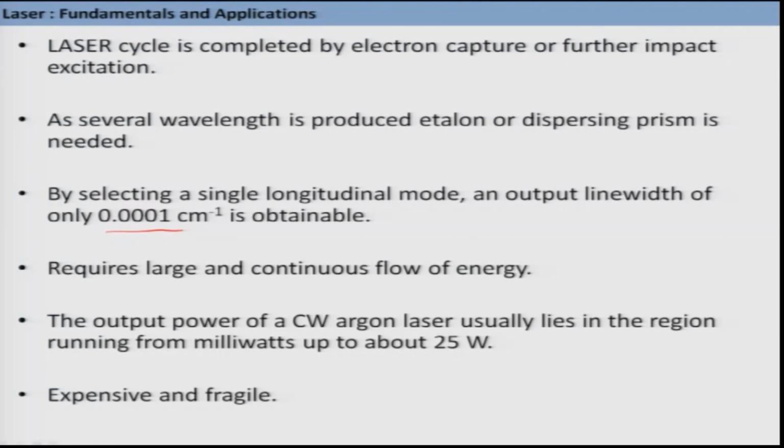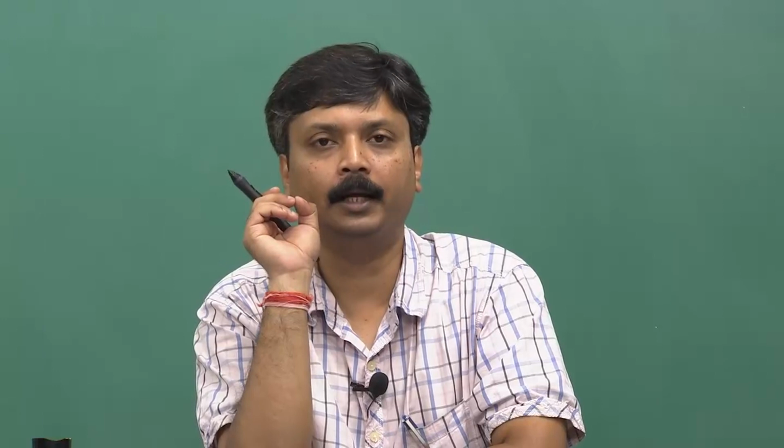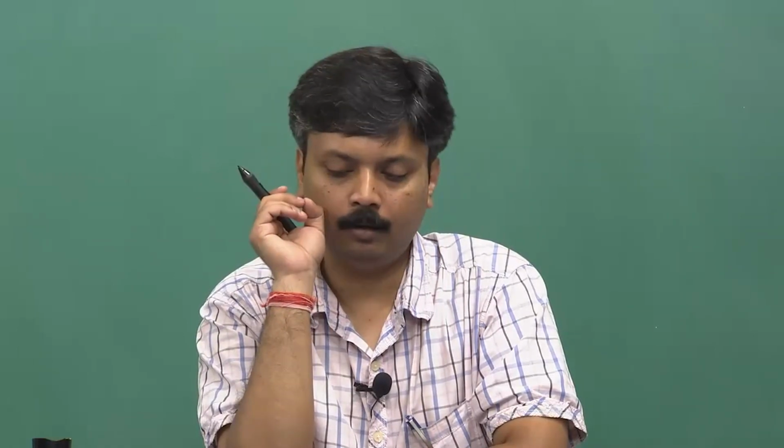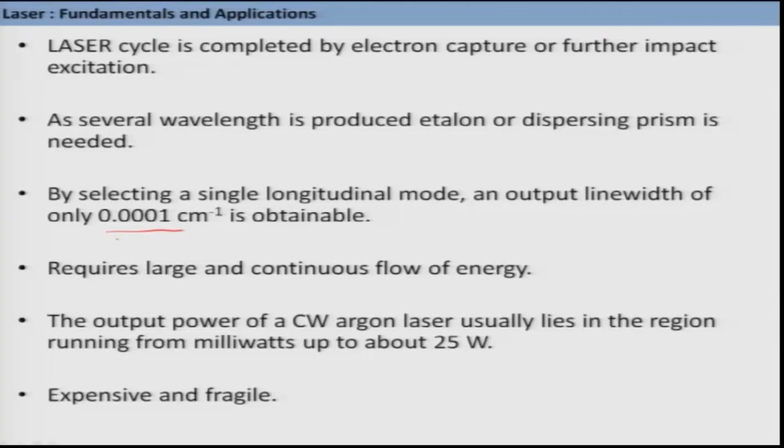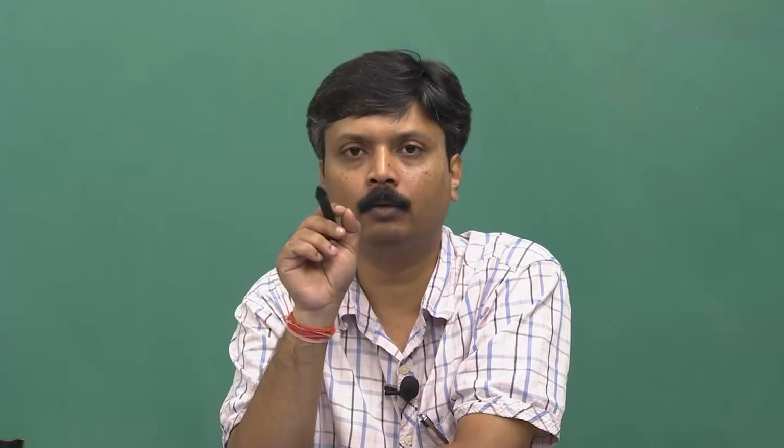You can figure out, taking 488 nanometer as the central wavelength of the emission line, and using this value of 0.0001 centimeter inverse full width at half maximum, you can exactly calculate what is the range of wavelength that one single line corresponds to.